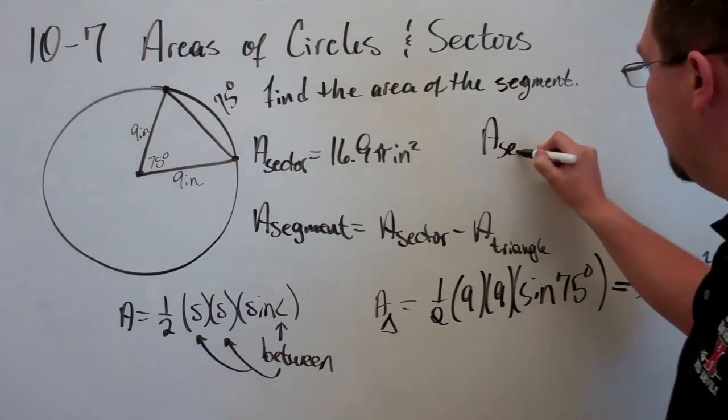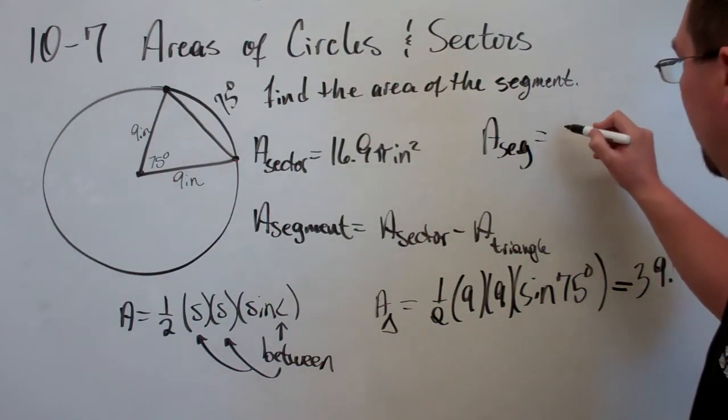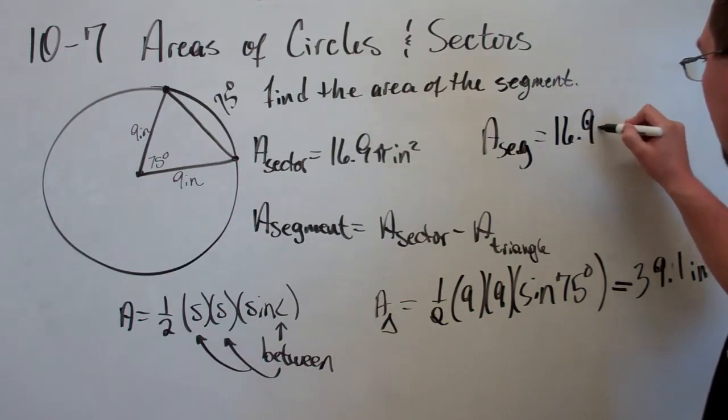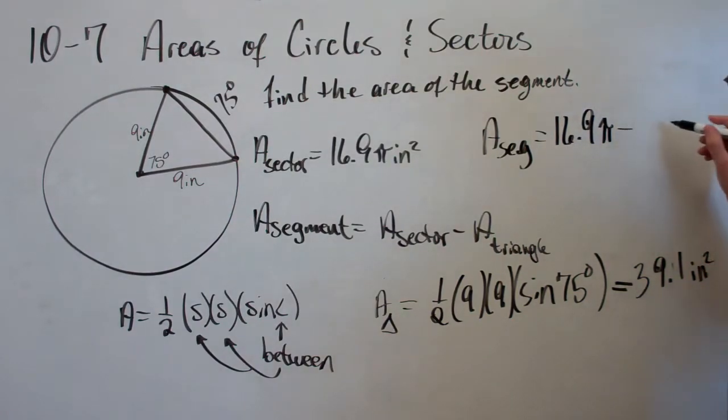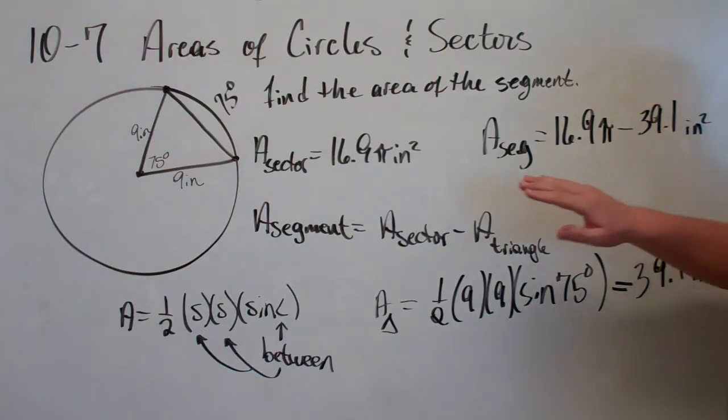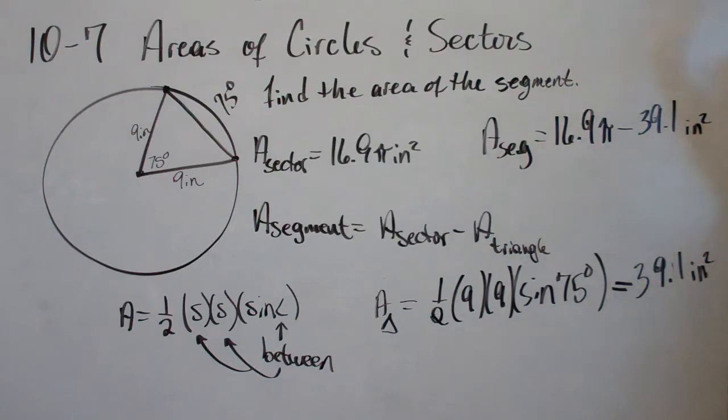The area of the segment equals 16.9 pi minus 39.1. And of course, this is all inches squared. That's it. If they say leave it in terms of pi, just go this minus this, write it down, leave it alone, and finished.